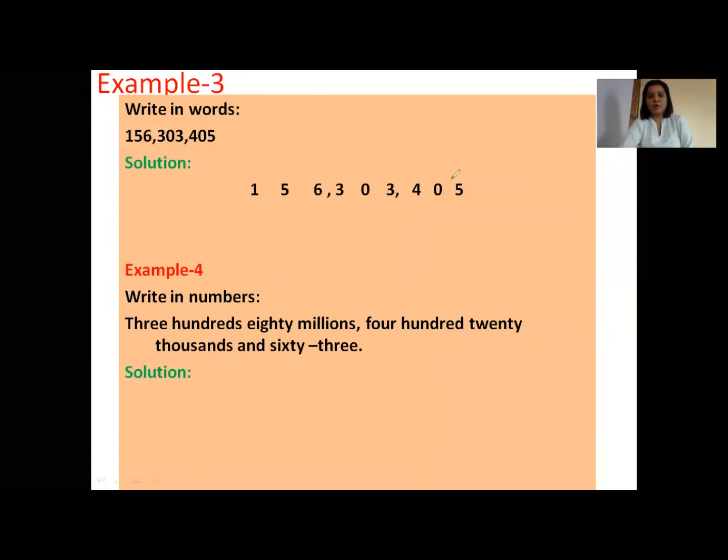So we are going to place these 3 digits in our unit period, and these 3 in our thousands period, and the last 3 digits in our millions period.